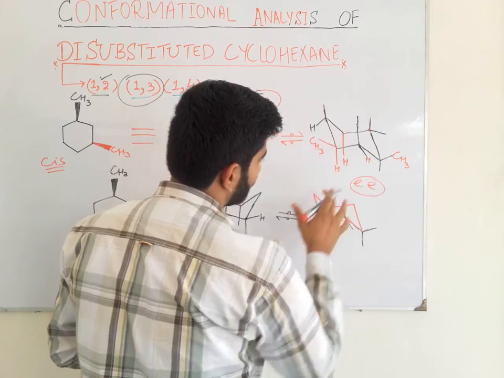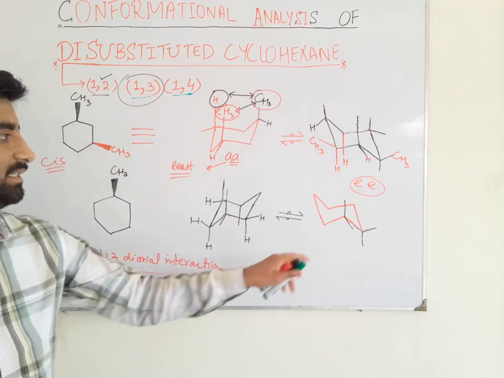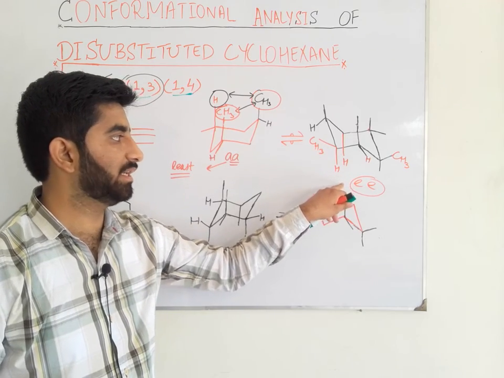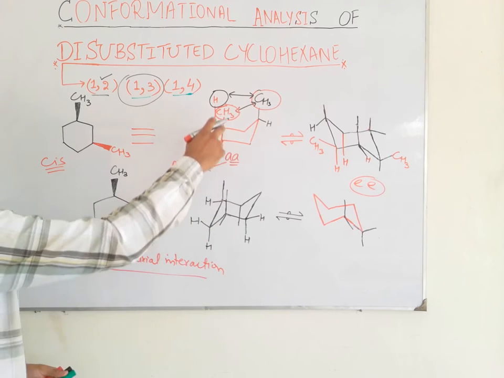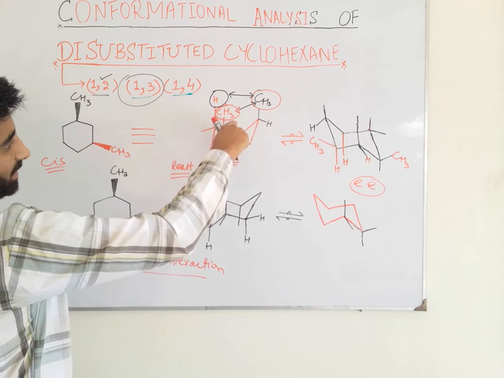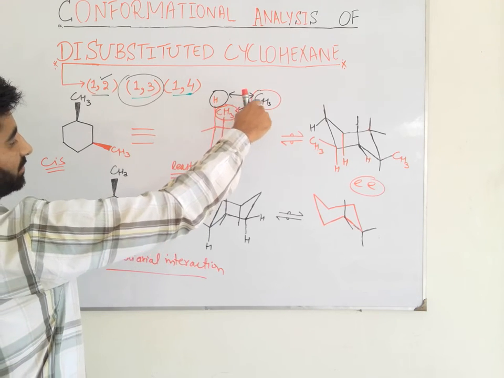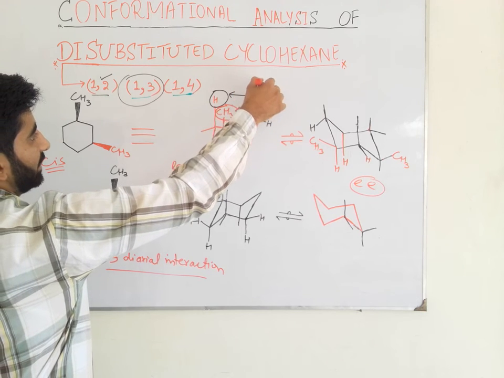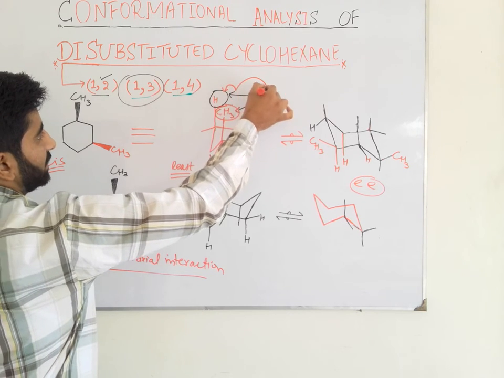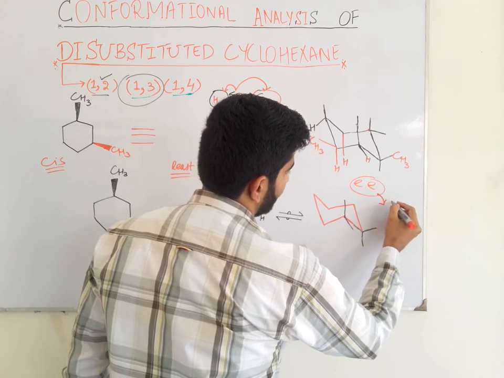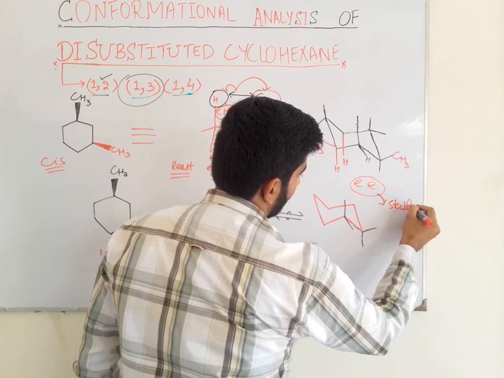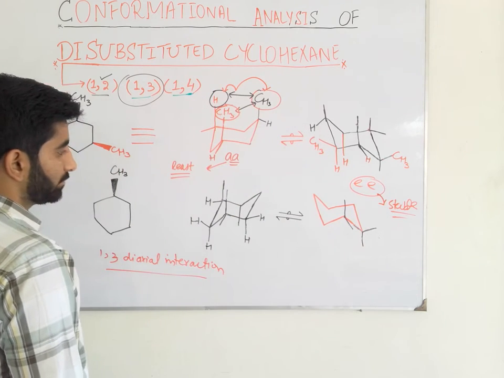And we will observe there is no 1,3-diaxial interaction present in this conformation, like the other conformation, where there are two types of interaction present. One is between this methyl group and this methyl group, and the interaction between this methyl group and this hydrogen. So it is least stable, and due to the absence of 1,3-diaxial interaction, this one is the most stable conformation.